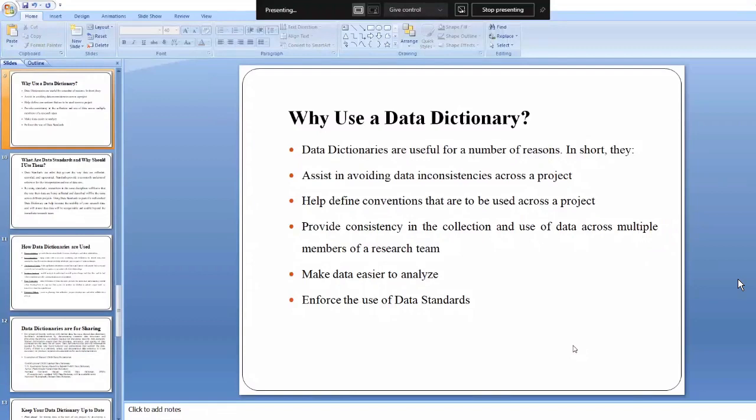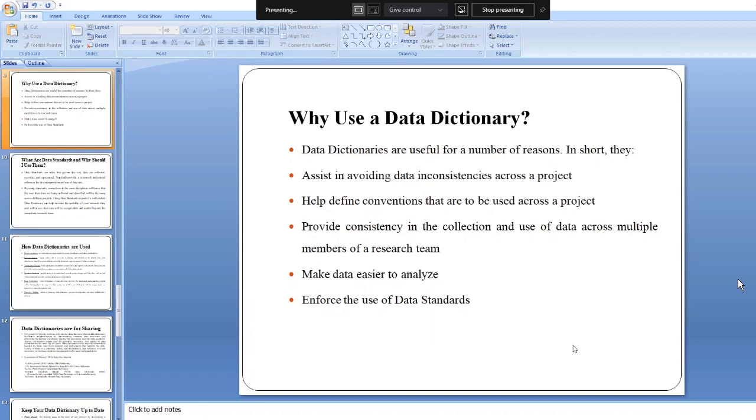If we are working on a project and dealing with inconsistencies, it helps us remove those inconsistencies from the working project. It also helps us avoid data which is not supportable for that particular project.